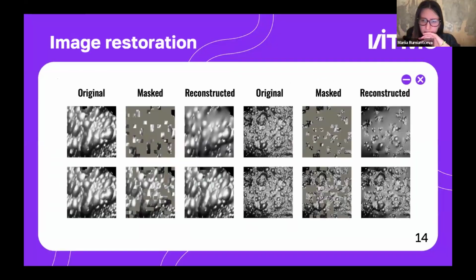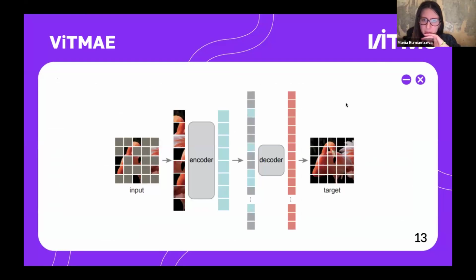Okay, I didn't get this before. It's not our architecture, yeah. We didn't modify the original architecture. It was taken from, as I remember, Meta. So I still didn't get your question.